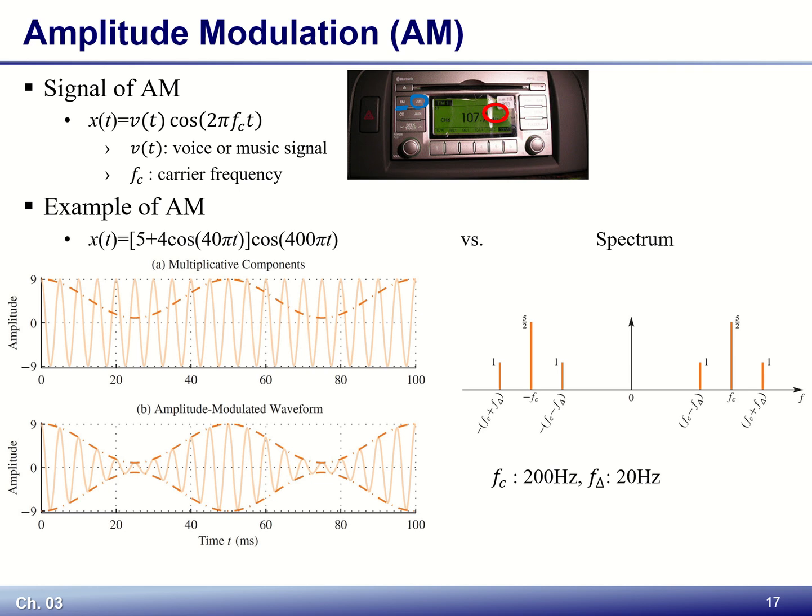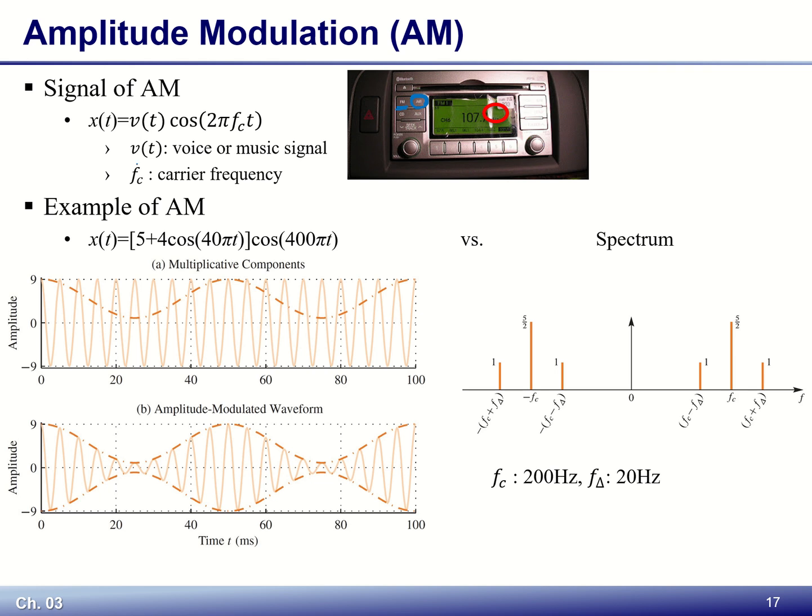So, to send our voice far away, we use modulation. One example is radio. The high frequency in radio is called the carrier frequency. So we use voice, and the carrier frequency carries the voice to our radio.